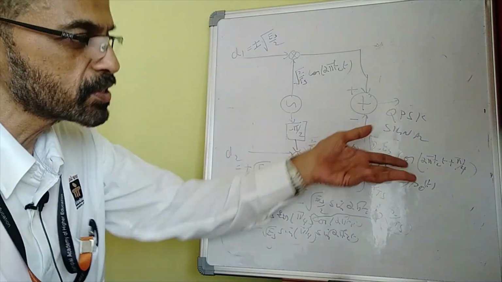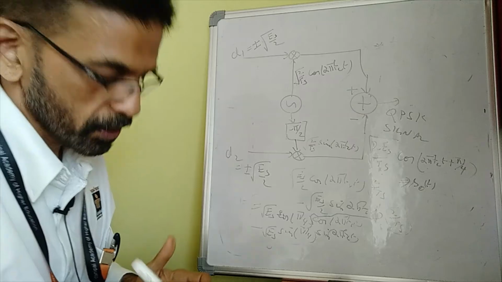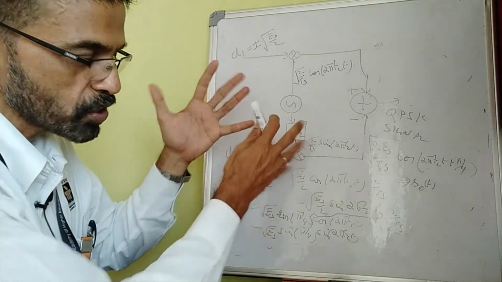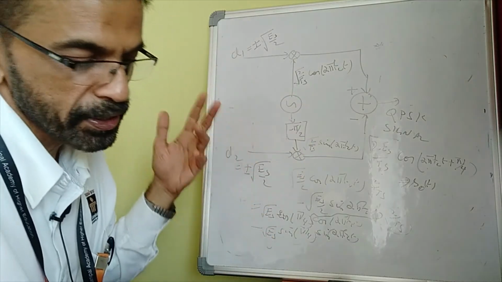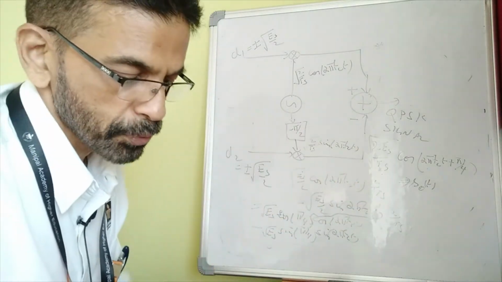This is just an example of how the QPSK signal results when this schematic works, with d1 equal to d2 equal to root Es by 2. You can put other values and see what you get.